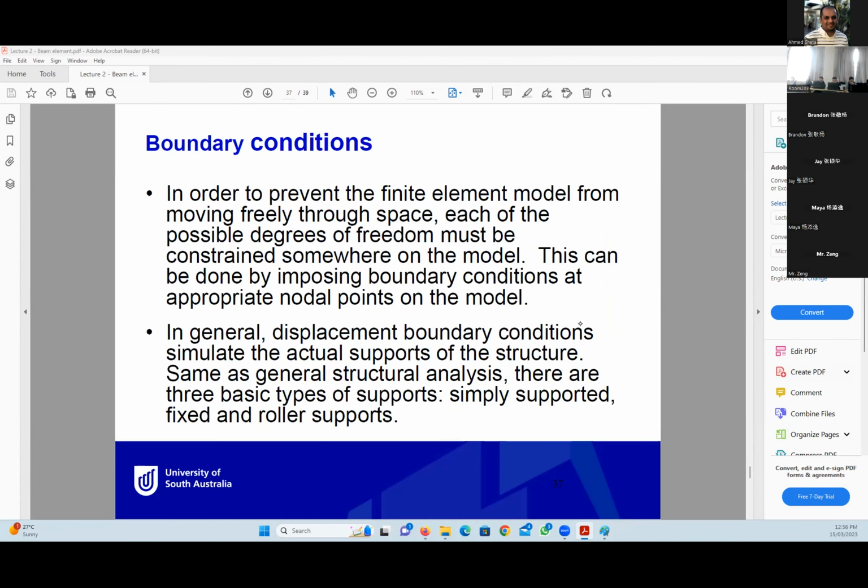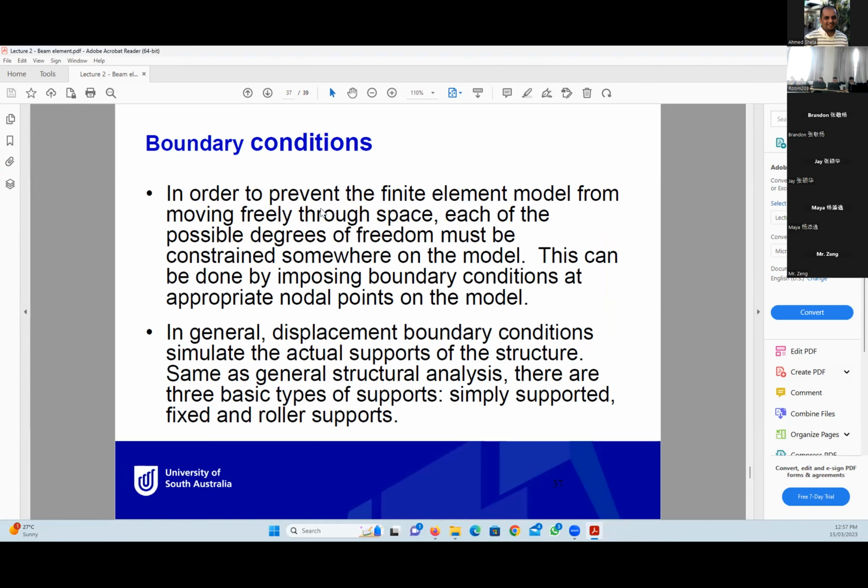And now, this is just a reminder of the boundary conditions. We need to know that the boundary conditions are in order to prevent the finite element model from moving freely through space.